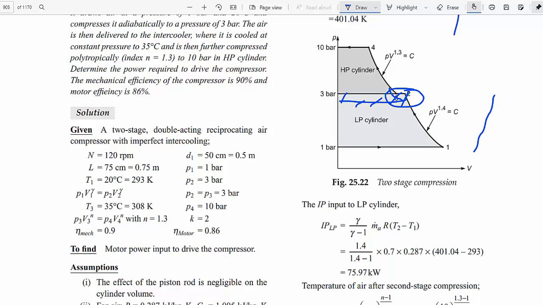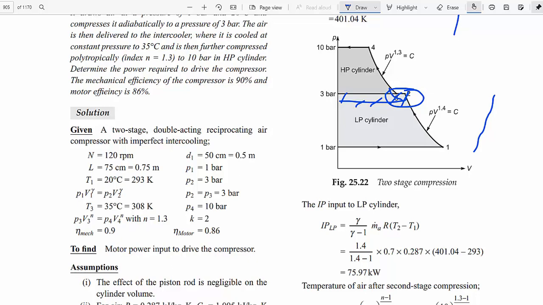Therefore, only during the perfect intercooling process does the pressure remain constant. It is very important. Only the temperature drops, but in the actual case that is not possible. Pressure is slightly reduced. It is a loss, because the main purpose of the compressor is to raise the pressure. But here, due to the integration of the intercooler, it cools the temperature of the air and also reduces the pressure.